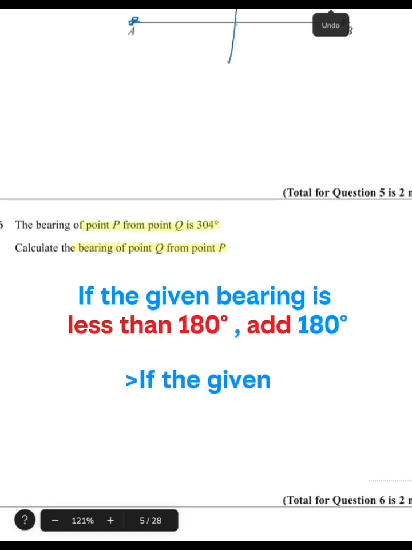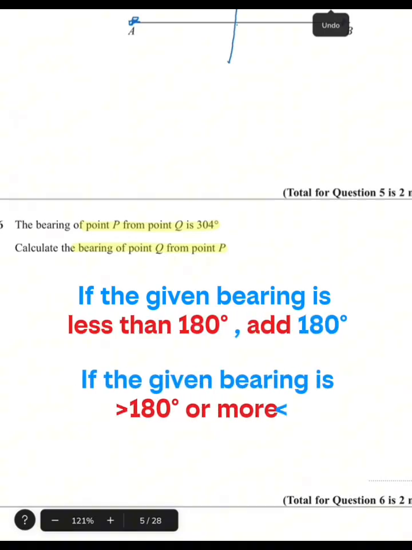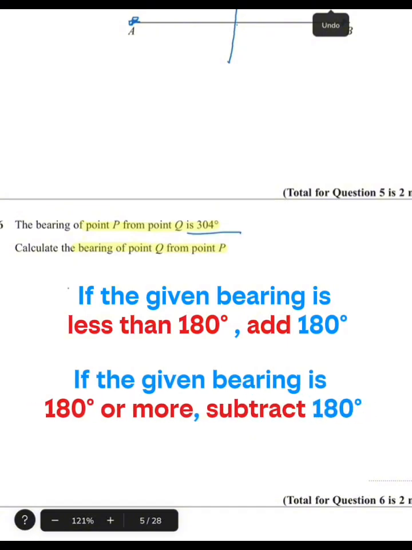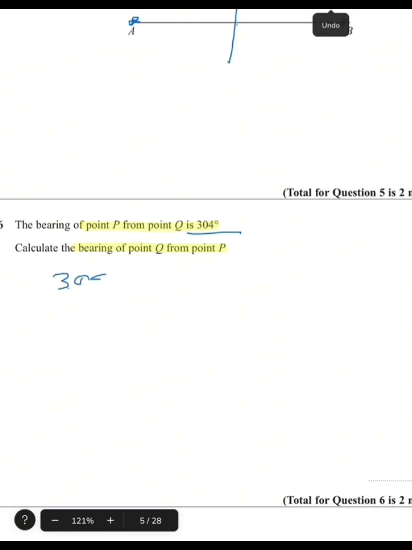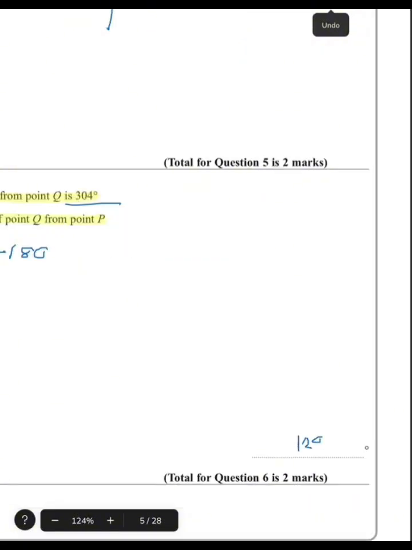If the given bearing is 180 or more, subtract 180. The given bearing is greater than 180, so we subtract 180 from it, which gives us the answer 124.